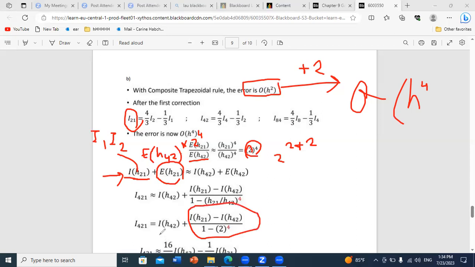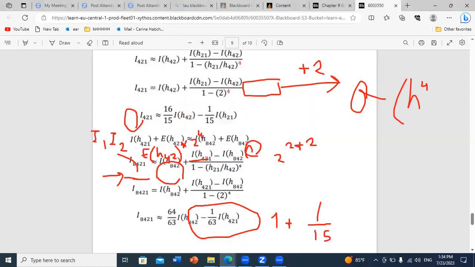And then if you find the coefficients, you get that the coefficient of I42 is 1 plus 1 over 15, which gives you 16 over 15. So this is why when you do the second Richardson extrapolation for the trapezoidal method, you get 16 over 15 I42 minus 1 over 15 I21.